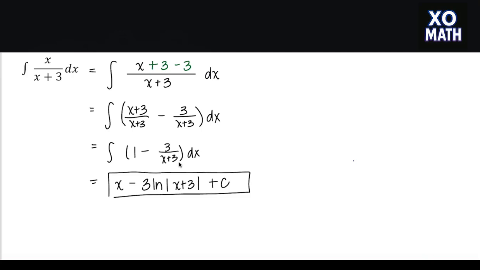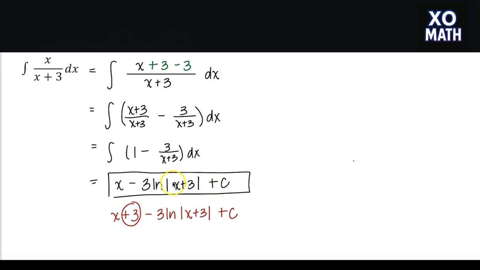And that's it. Now, if you compare it to our previous answer, which was x plus 3 minus 3 natural log absolute value x plus 3 plus c, the difference is there's this extra plus 3 in our previous answer.